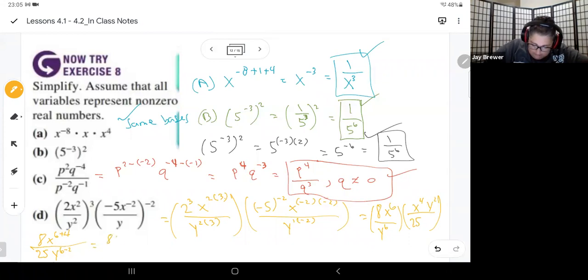So 8x to the 10th over 25 y to the 4th on the bottom, with y not equal to 0. Okay, that is the whole thing. Okay, and that is it for 4.1.